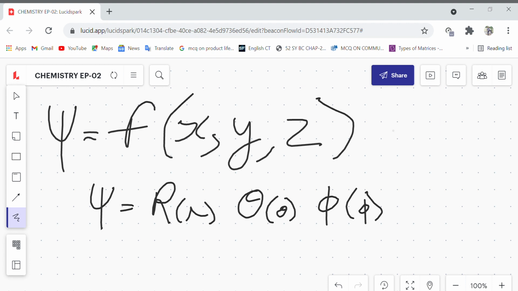When we bring psi equal to f of x comma y comma z, then psi can also be written as R of r, theta of theta, phi of phi. This can also be written as R nl of r, A ml.